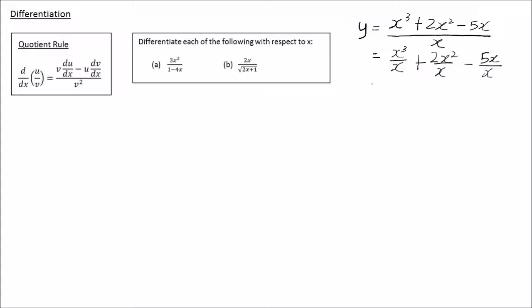This will give us x squared when you cancel the x cubed with the x, and when this is cancelled, we will be left with 2x, and this will give us 5.